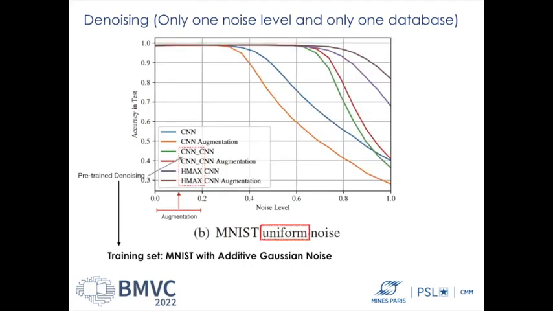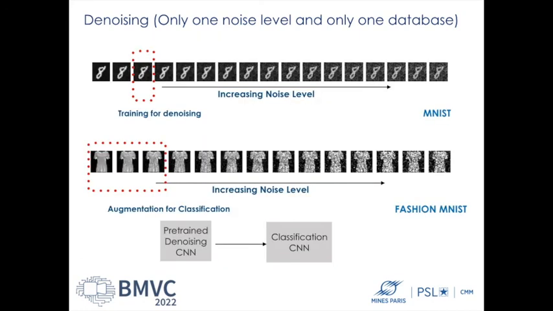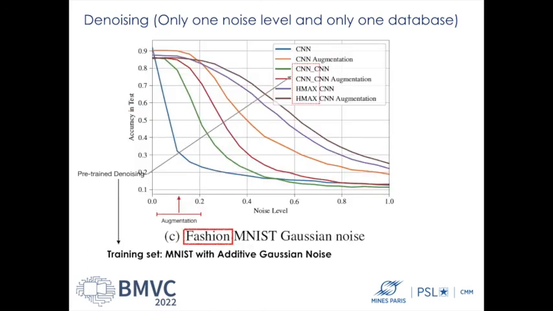We have more results with other kinds of noise, and performing the classification on a different database from the one used to train the denoising network.